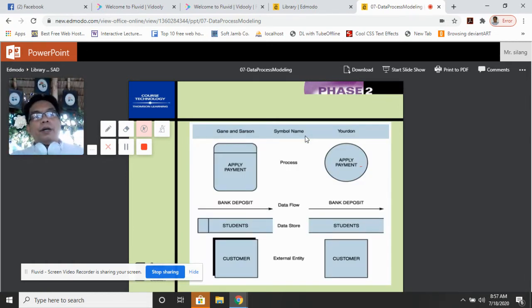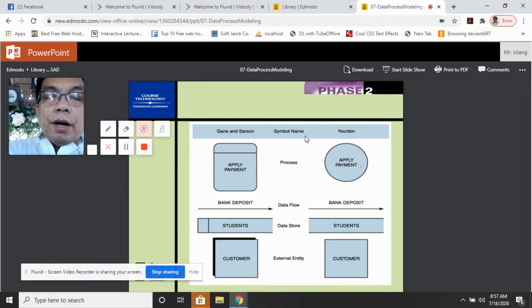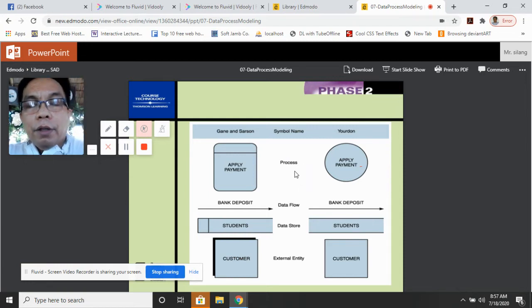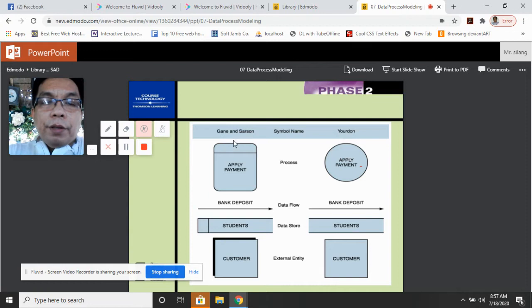And these are the symbols used for data flow diagrams. The first one, this symbol is actually representing the process symbol. These symbols here are actually the symbols that were introduced by Gane and Sarson.